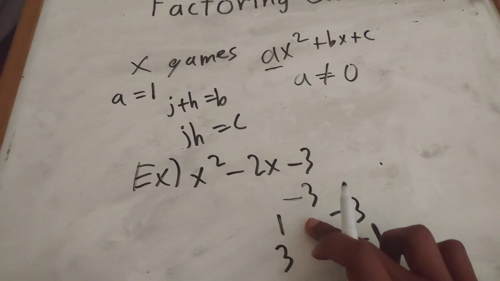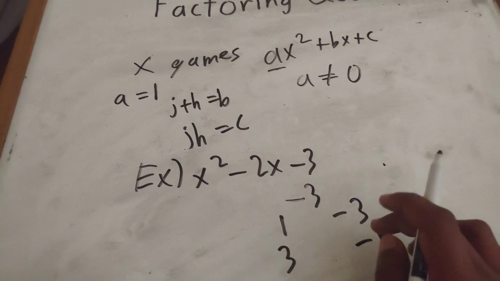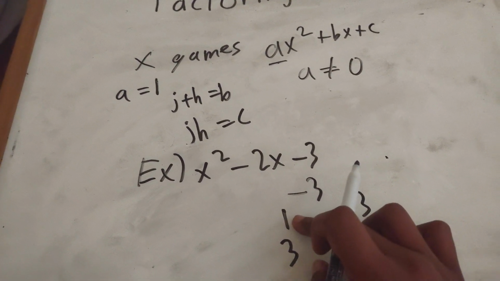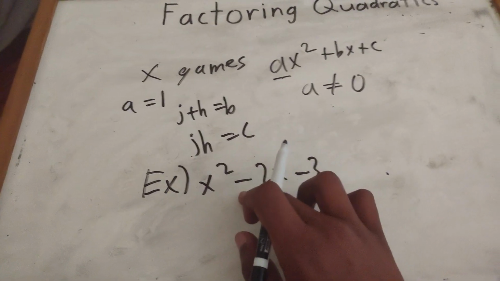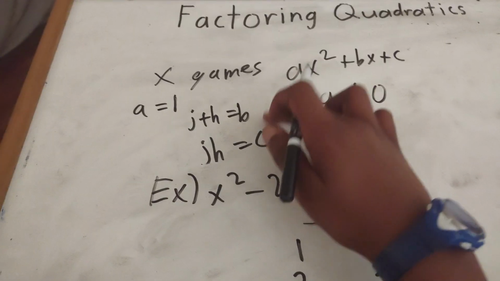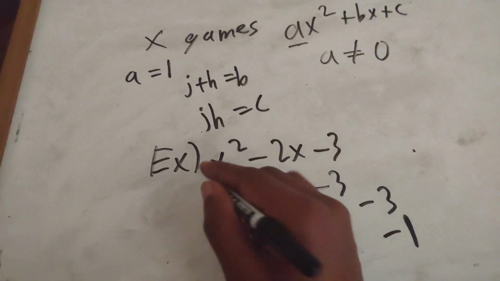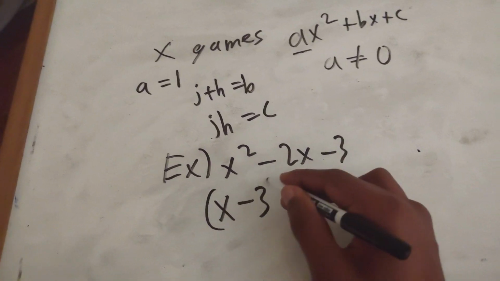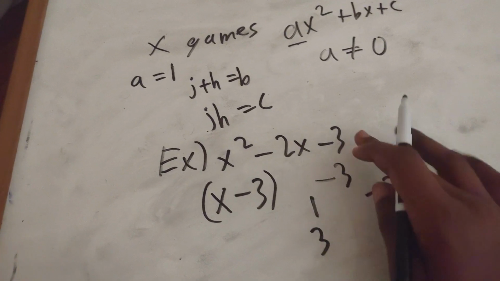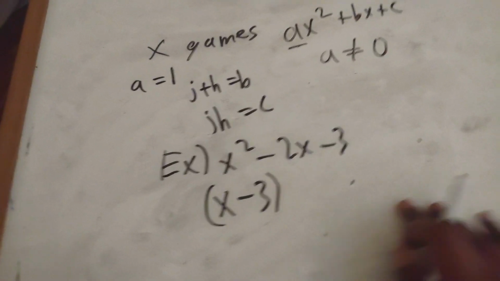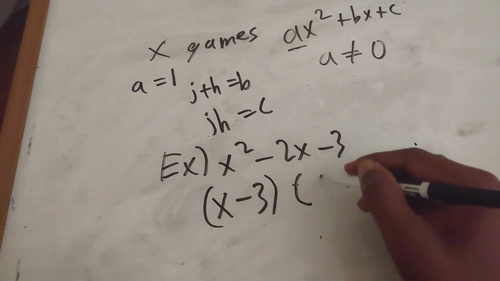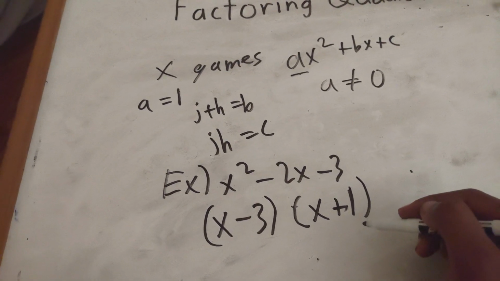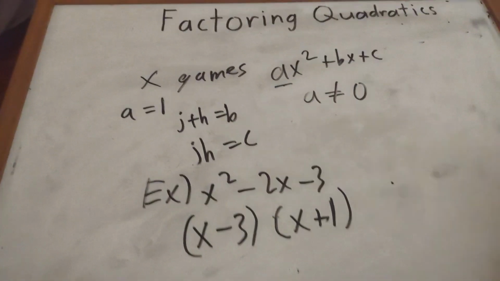If you look at the first factor pair, you can find out that negative 3 plus 1 indeed adds to negative 2, which is b. So how you write this is x minus 3 times x plus 1, and that's the factored form.